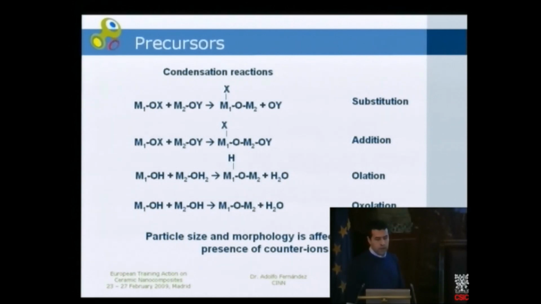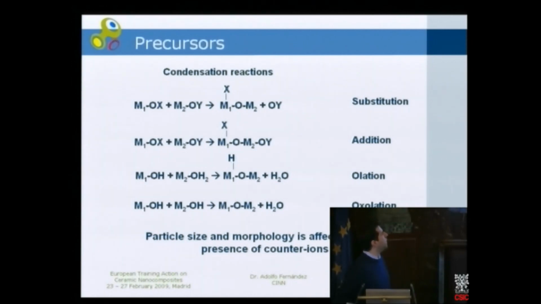The condensation reaction can be described as the reaction between two metallic centers, in which one ligand of the first metallic center substitutes a ligand in the second metallic center, which is a substitution reaction. If there is no exit of the second ligand, we are talking about an addition mechanism.